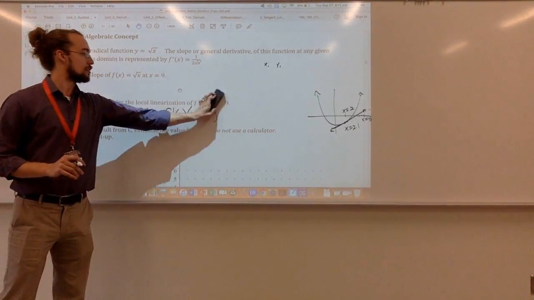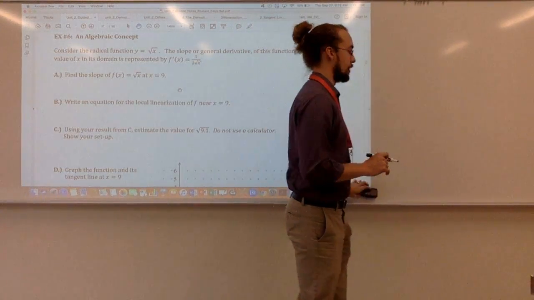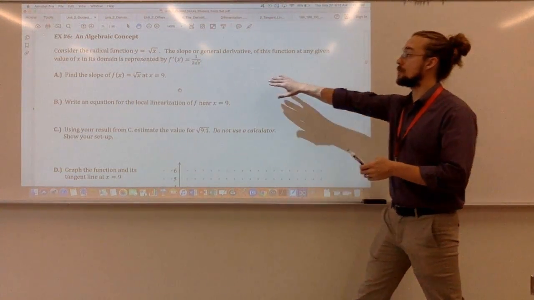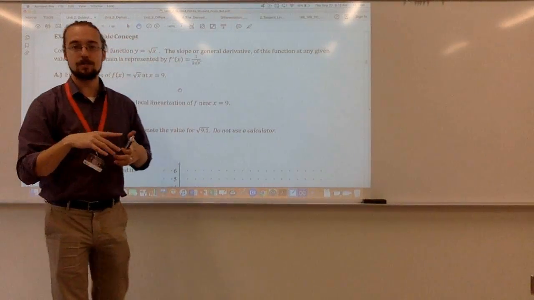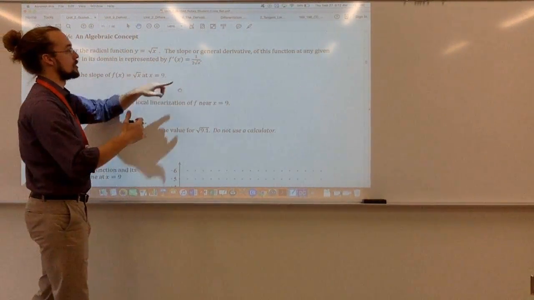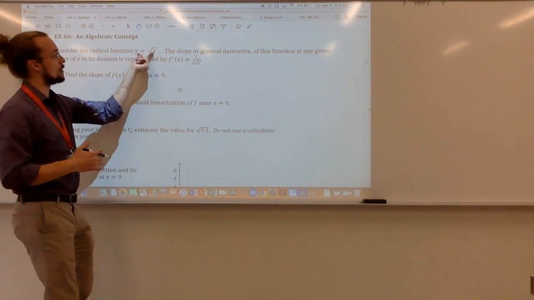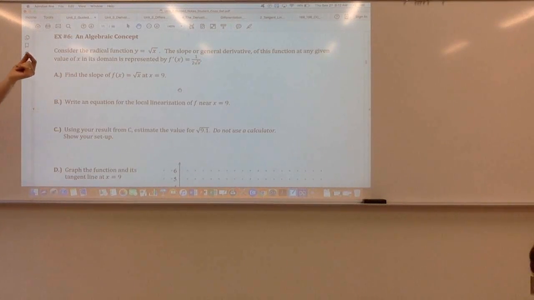So we've got this function, y equals the square root of x. And they give us the derivative. They went through the whole process of doing f of x plus h minus f of x over h, limit as h approaches 0, and found this. So this function is the derivative of this function.